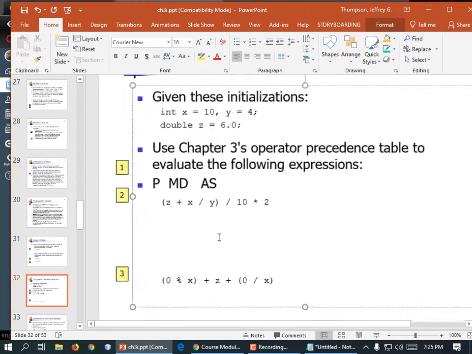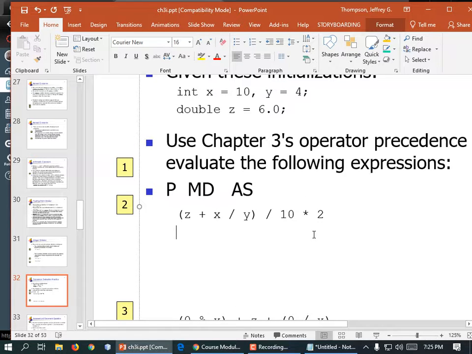So let's figure out what this is going to equal. What's the first thing that's going to happen here? The stuff inside the parentheses. What's the first thing that's going to happen inside the parentheses? The division. So x is 10, y is 4. They are both integers, so 10 divided by 4 rounded down is what? 2.